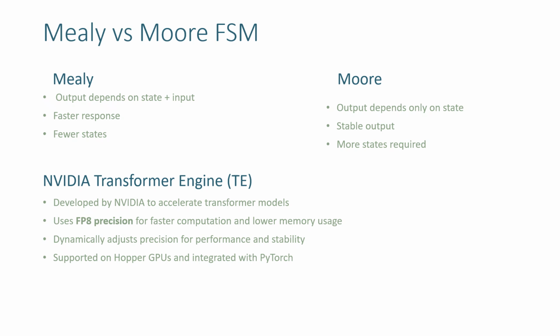This Transformer Engine is specifically for the NVIDIA Hopper GPUs, which are designed for efficient low power processing. In PyTorch, it works using autocast, which automatically selects the best precision for different operations. However, one challenge is that the installation is complex because it depends on compatible GPU hardware and specific software versions.